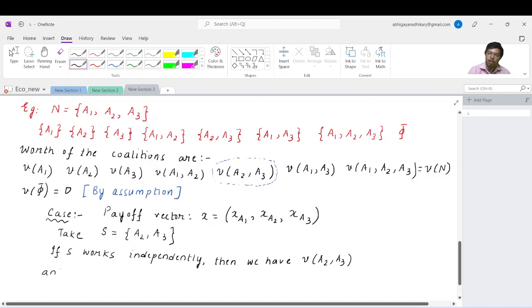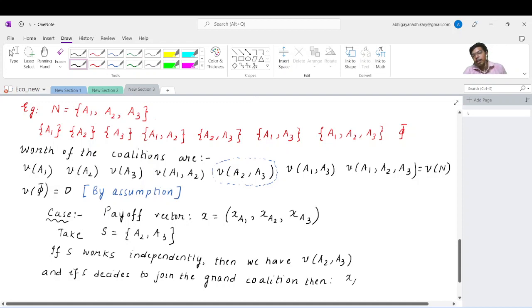And if S decides to join the grand coalition, then what is the total that they will be generating together? Player A2 will be getting X of A2 and player A3 will be getting X of A3, right?